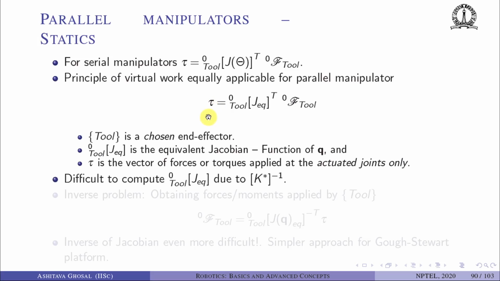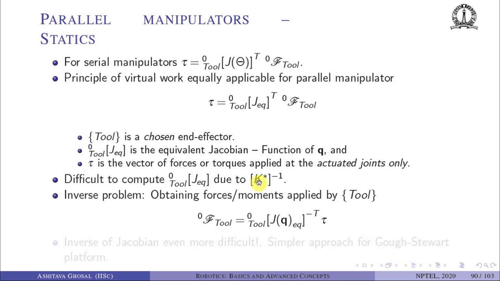It is quite difficult to compute J equivalent, basically because there is a K star inverse. If you go back and see the notes, you can see that J equivalent in a parallel robot contains this K and K star inverse. The inverse problem is to obtain the forces and moments applied by the tool. Suppose I give you the joint torques that we are applying.